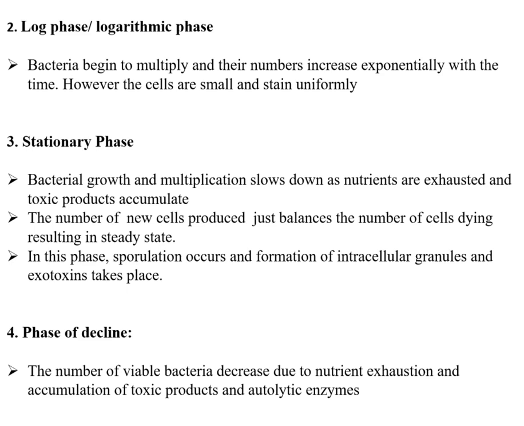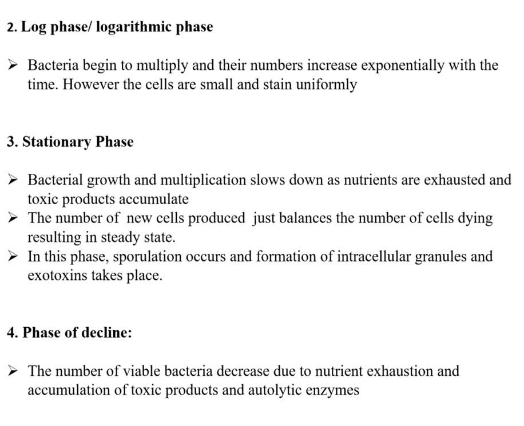Stationary phase means slowly the nutrients get exhausted. As the number of cells increases, whatever nutrients you have provided are utilized. So in the stationary phase, the nutrients get exhausted and toxins are produced by the bacteria. Toxins start accumulating, so the number of new cells is equal to the number of dying cells.